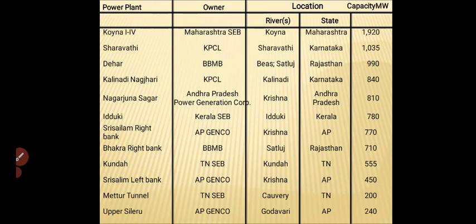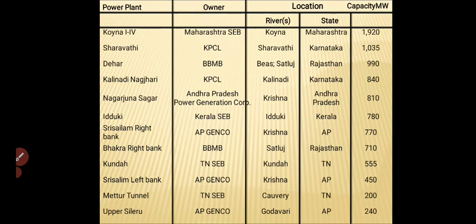First one is the Koyna 1 to 4 stations. It is located in Maharashtra state, on the Koyna river, and the capacity of this power plant is 1920 megawatts.